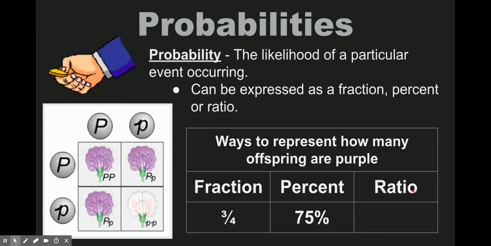In this case, we want to know how many purple to how many white, all right? So we have 3 purple to 1 white, which means our ratio is going to look like this: 3 purple to 1 white. If I were to ask you the same thing, but inverse, how many white to how many purple, your answer would hopefully be 1 to 3. 1 white to 3 purple, all right?